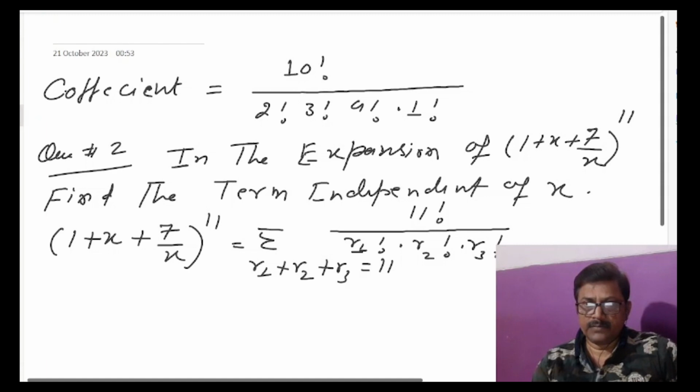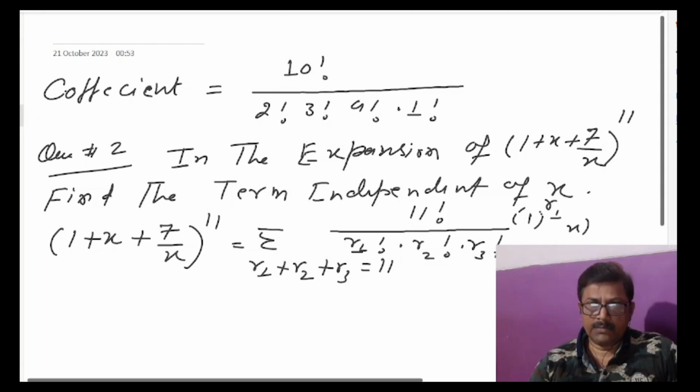Correct? First term is 1, 1 to the power r1, into x to the power r2, into 7 upon x whole power what? r3. Okay.